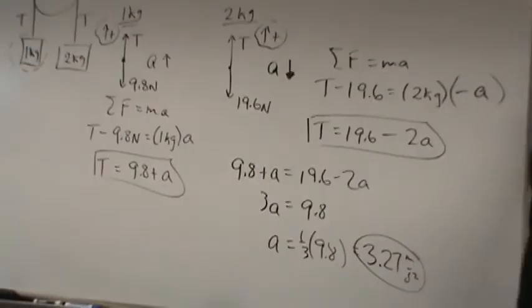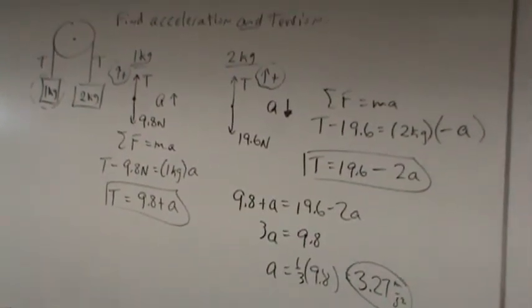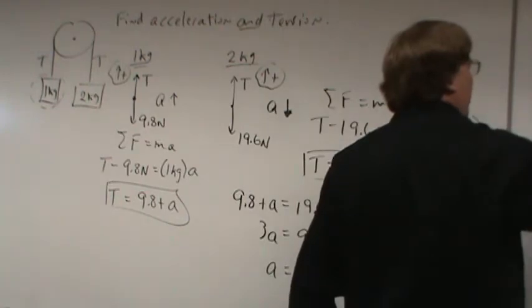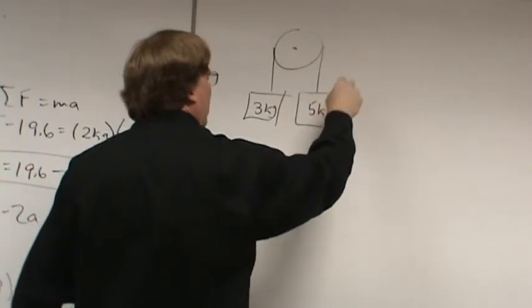We've got about 5 minutes left, so I want to see if you can do a problem like this in the 5 minutes, and do it the same way. Give this a try. Frictionless pulley. This is 3 kilograms. This is 5 kilograms.